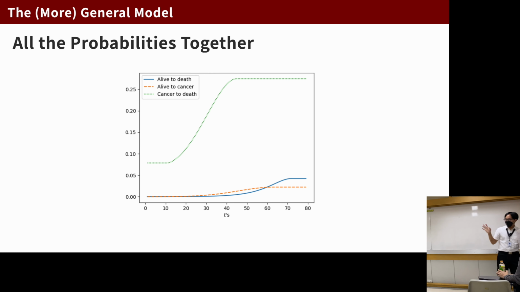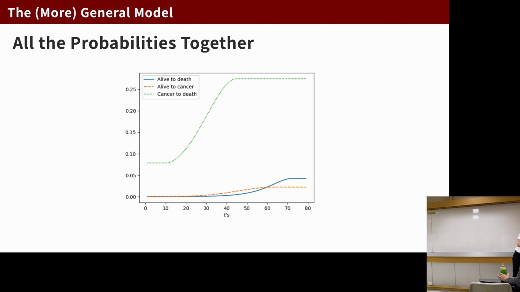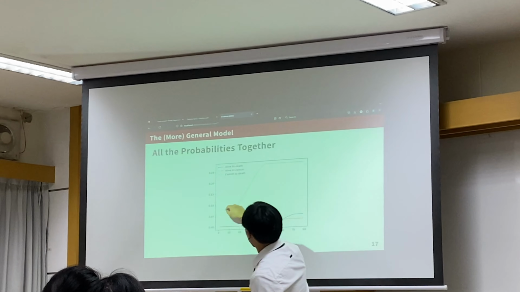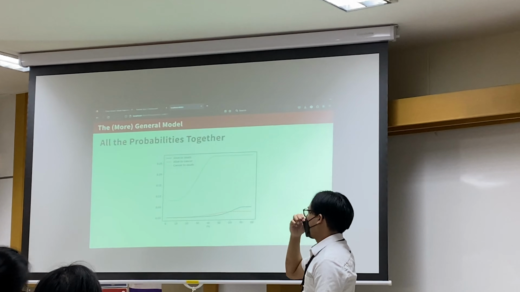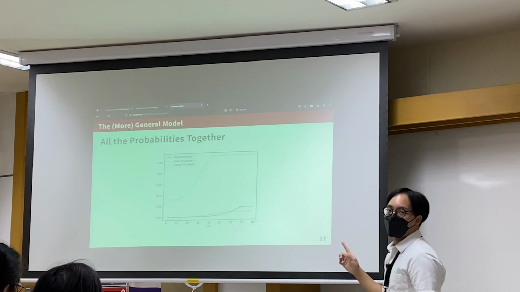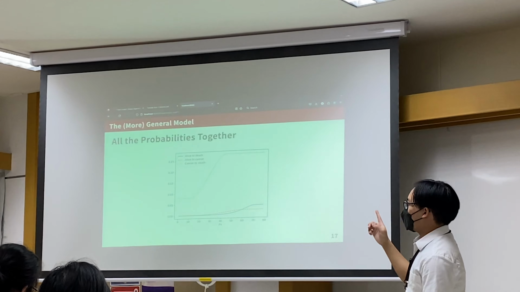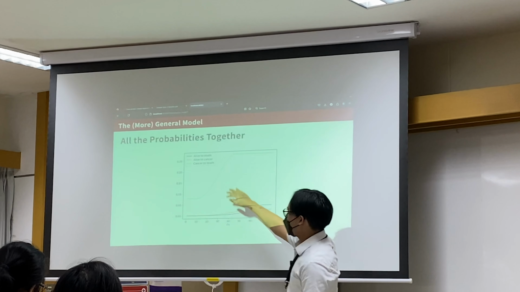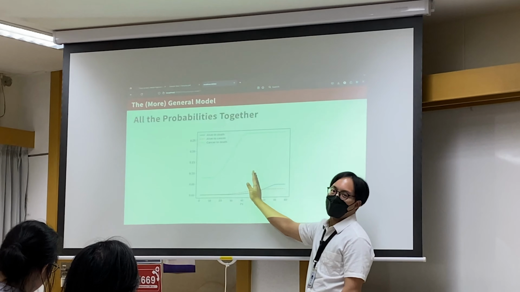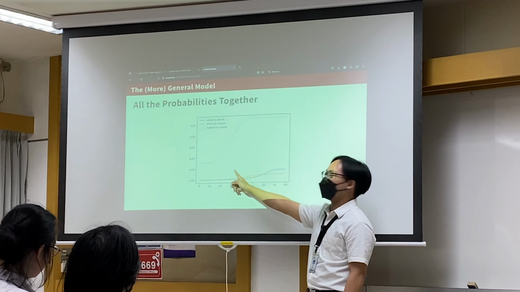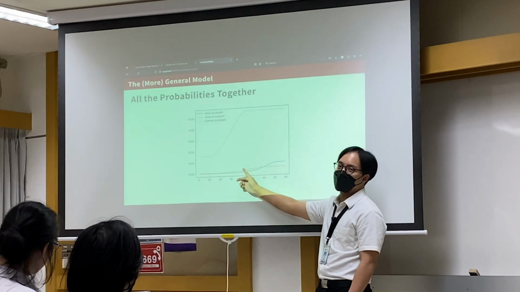And then let's try to put all the probabilities together. You may notice that this probability looks weird because normally it would look like a curve that comes up and then eventually comes down later. But because I'm trying to use the probability for a simulation, what could happen if it comes down is that past some point, if you have not died yet, then you're basically immortal because the probability of you dying is so low.